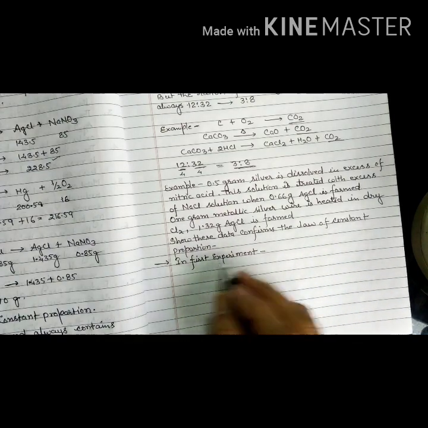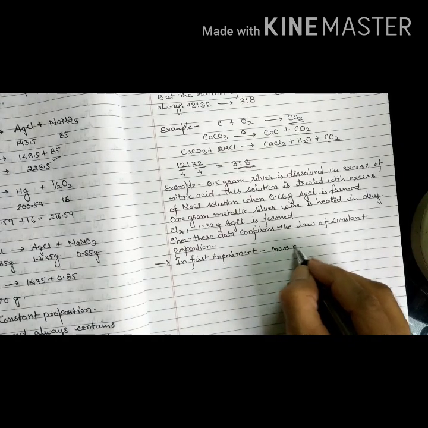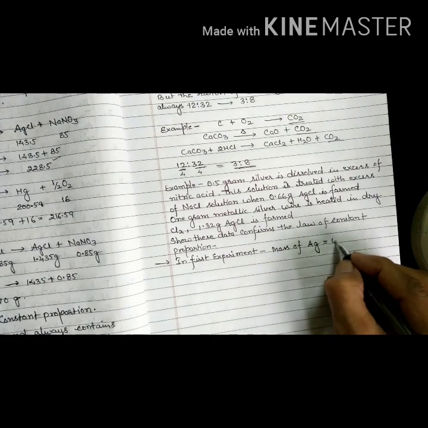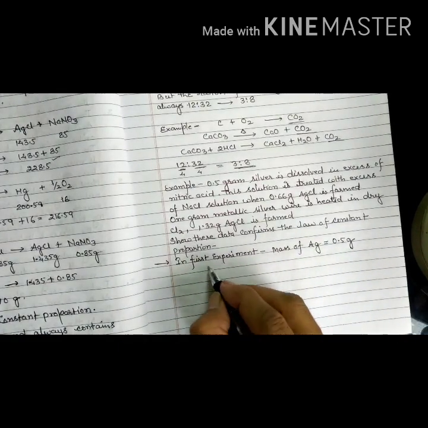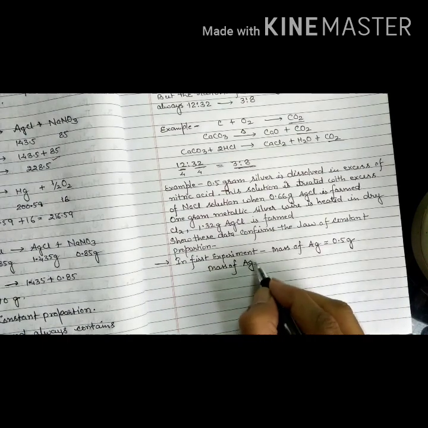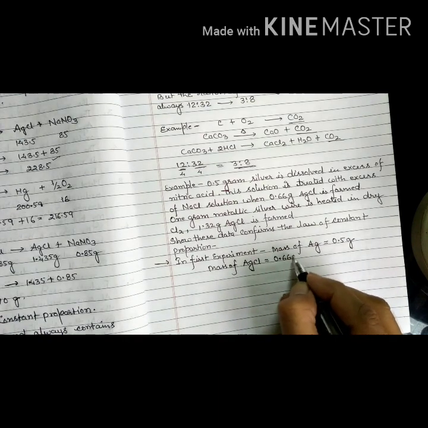So in the first experiment, mass of Ag is equal to 0.5 gram. Mass of AgCl is equal to 0.66 gram.